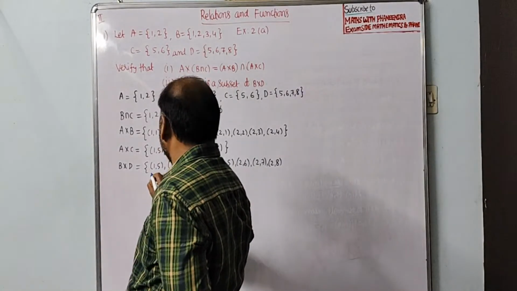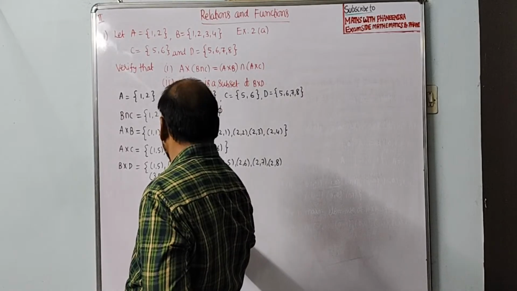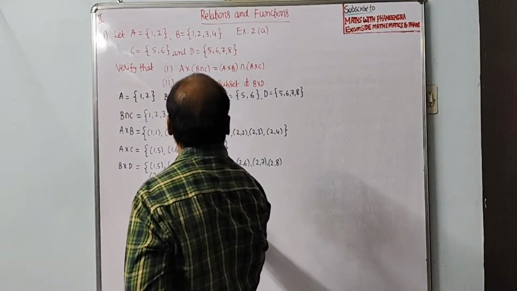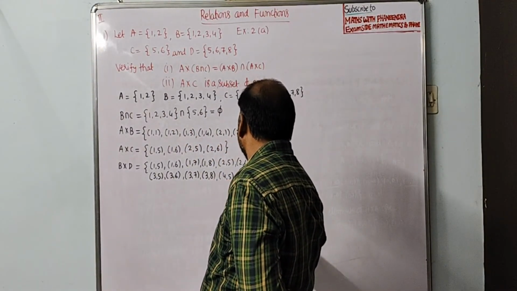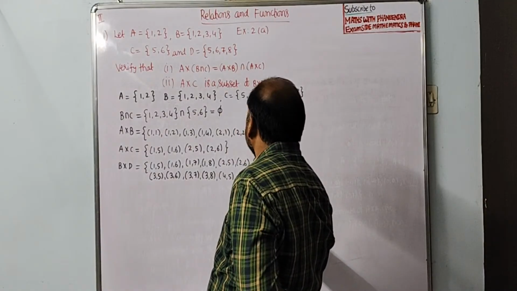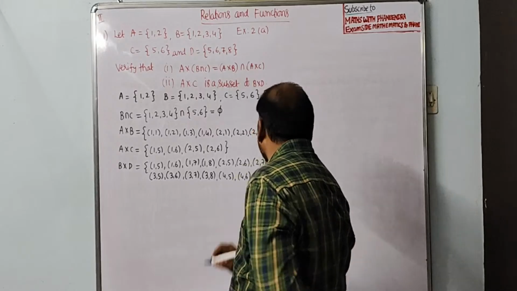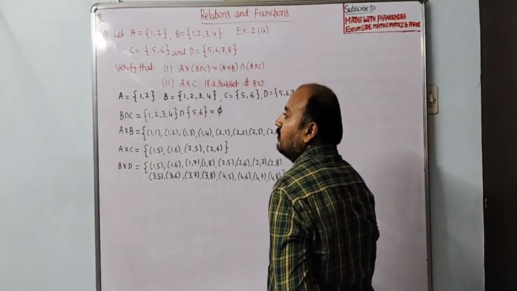Next (3, 5), (3, 6), (3, 7), (3, 8). Next (4, 5), (4, 6), (4, 7), (4, 8). So B cross D is also over.